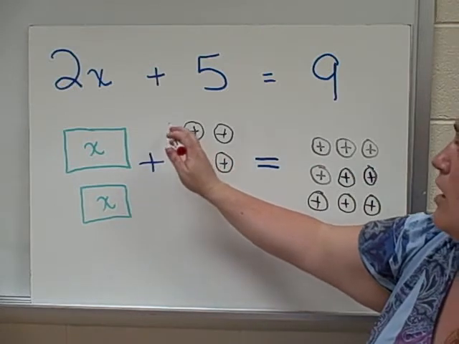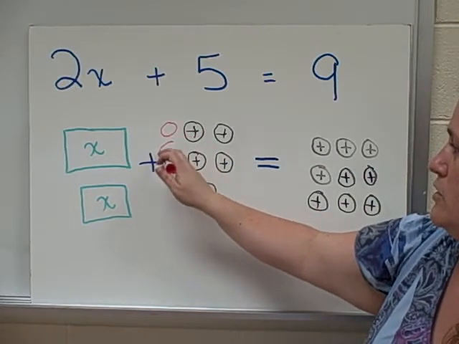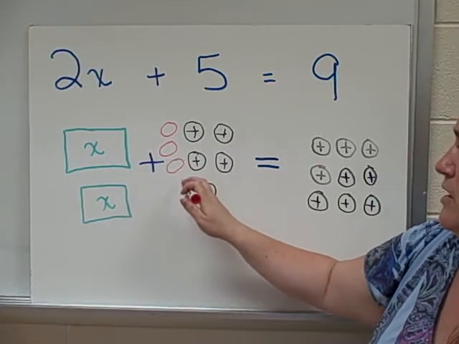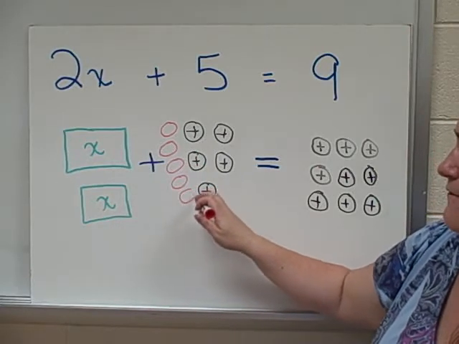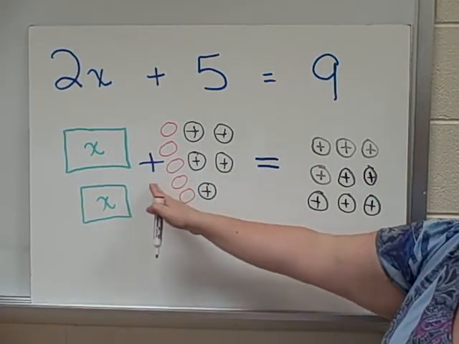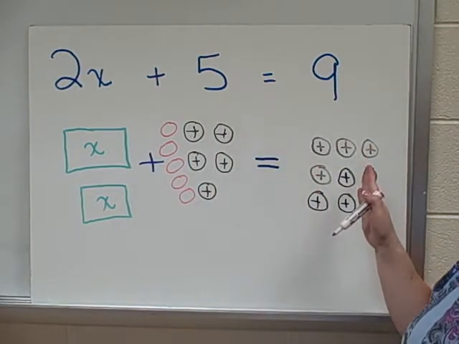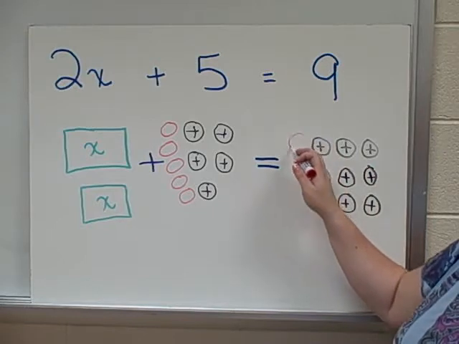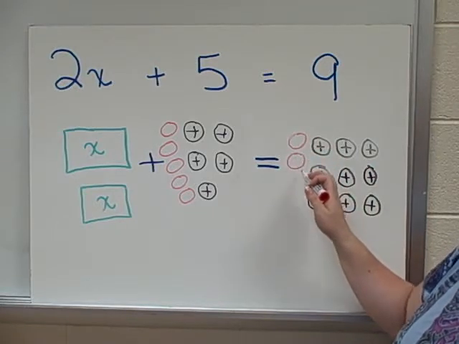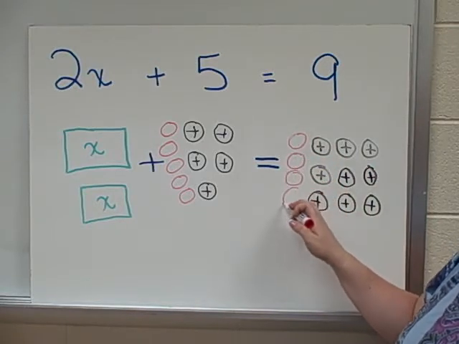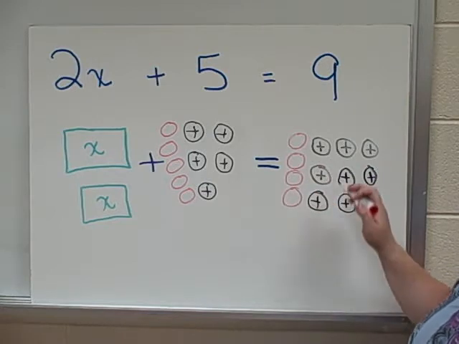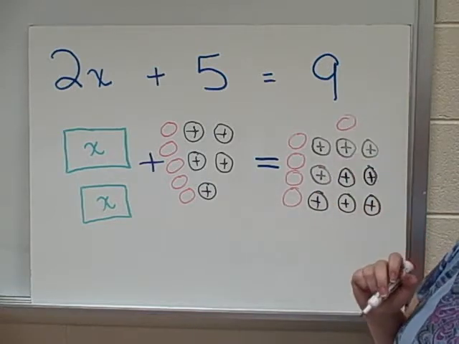So I'm going to draw 1, 2, 3, 4, 5 negatives. Now, if I put 5 negatives on this side, I must put the same number of negatives on this side. 1, 2, 3, 4, and I'm just going to put one up at the top, 5.